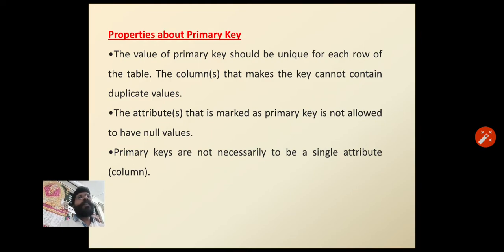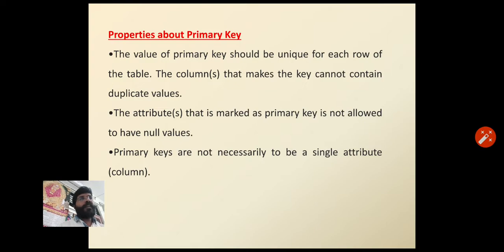It cannot have duplicate values. The column marked as a key cannot contain any duplicate value. The attribute marked as a primary key is not allowed to have a null value.